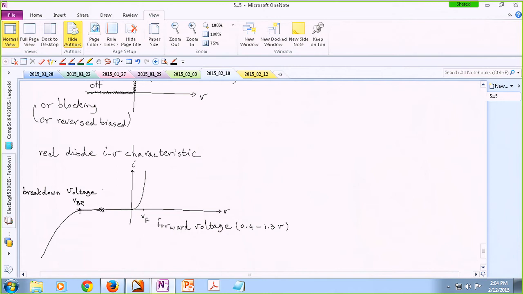Also remember, in all of these characteristics that we are going to draw, these are static characteristics, in a sense that they are not representing any dynamic behavior, because diode you can actually model in a dynamic way. There are a bunch of capacitors in the diode, the minority carriers, and things like that. These are static diagrams in a sense that they have set the current or set the voltage to a particular point, waited long enough for the transients to be over, and then measured the voltage or current or whatever it is.